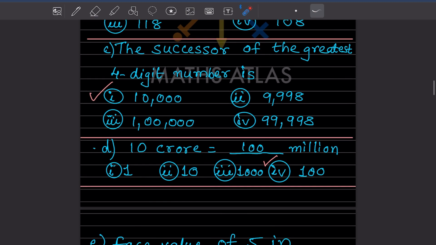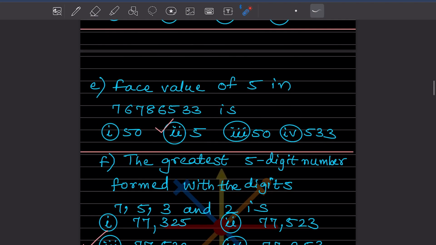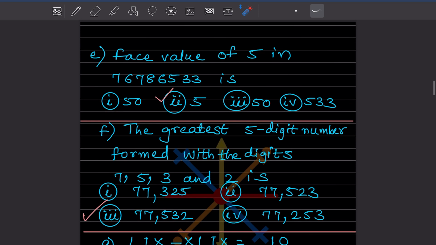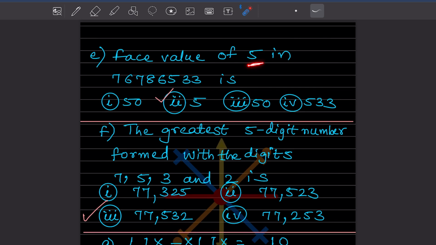Okay. Now let us go for the next part. That is the face value. Face value means, again, the place value and the face value I have shown you in detail in the previous videos. So you can also see that if you are not aware how to find the face value and the place value. So again I repeat only in short.